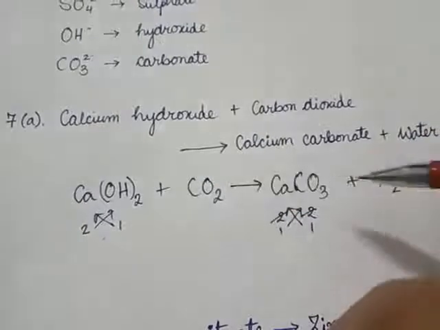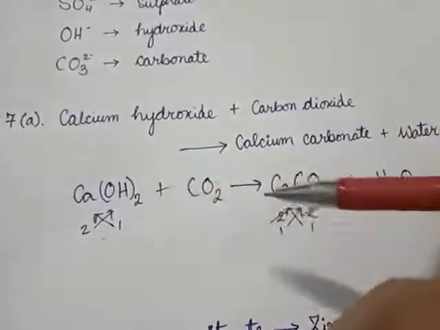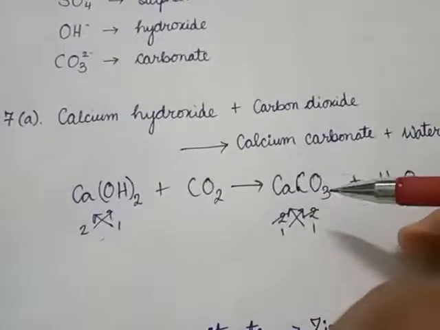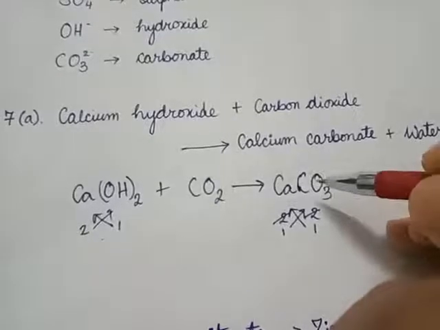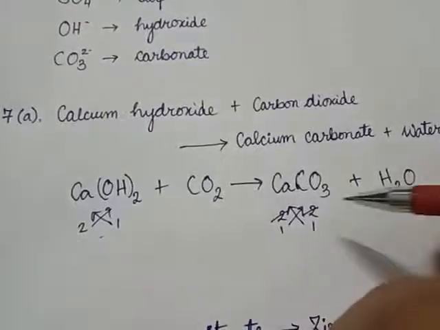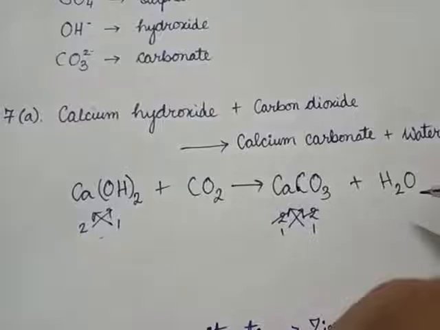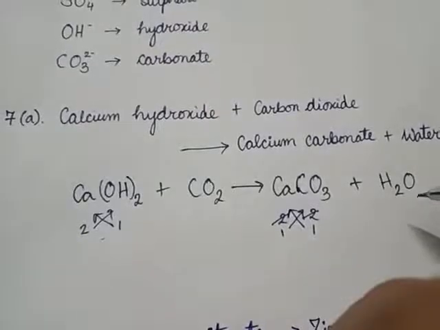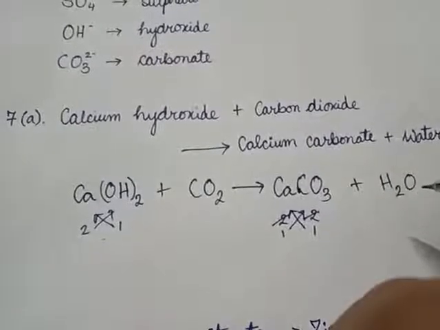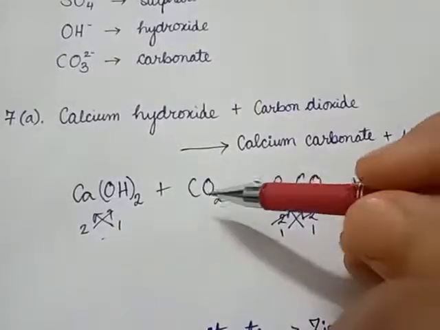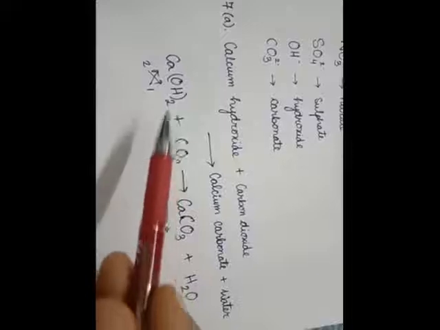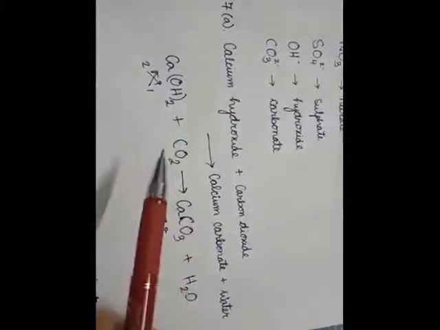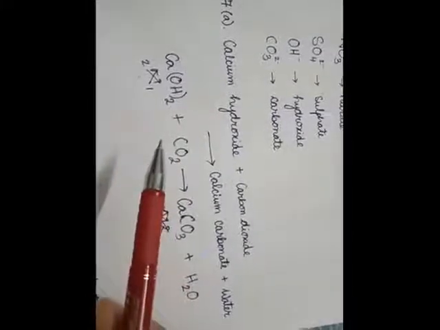On the product side, there are 3 here and 1 here, a total of 4 oxygen atoms. On the reactant side, there are 2 here and 2 here, so a total of 4 atoms of oxygen on both sides. That means the number of oxygen atoms are equal.